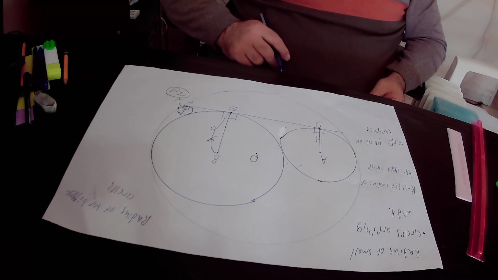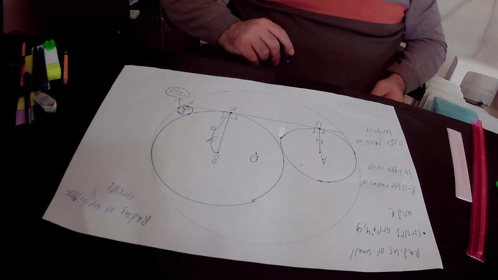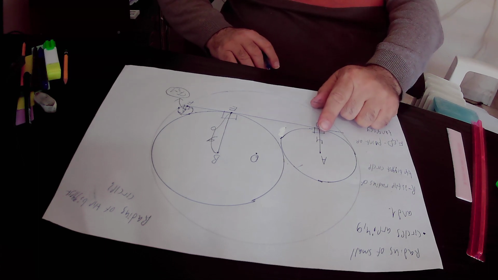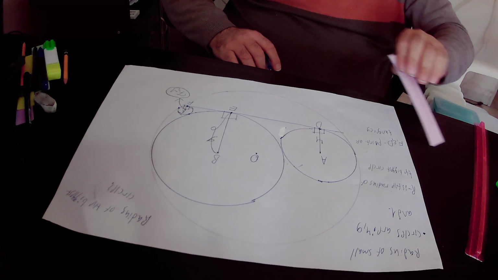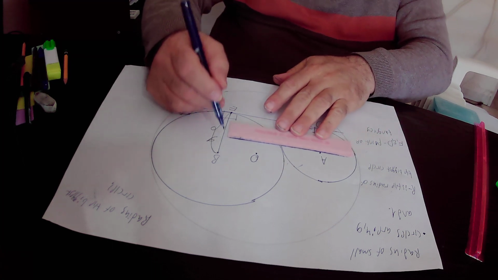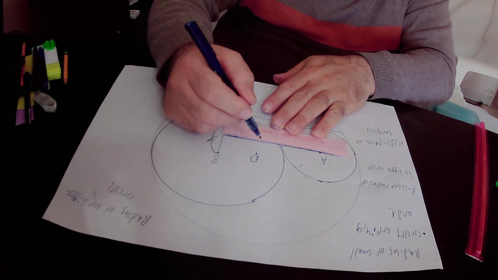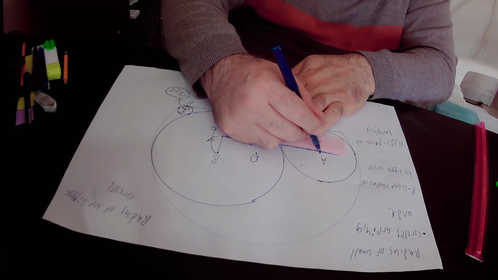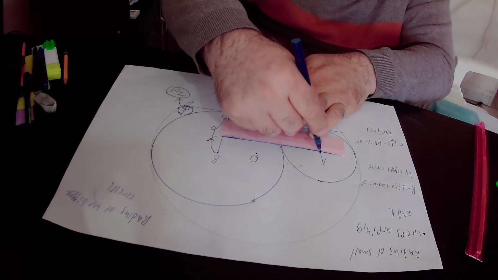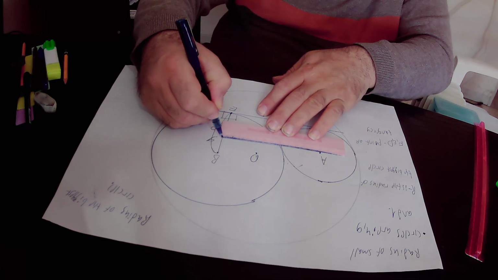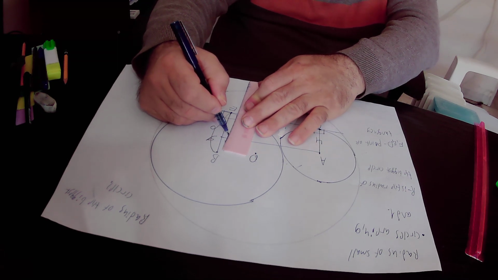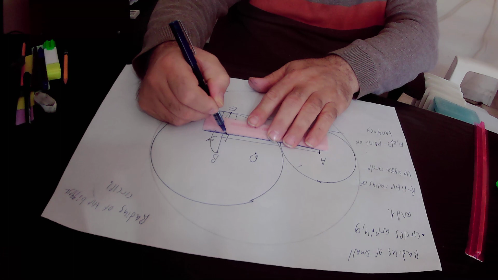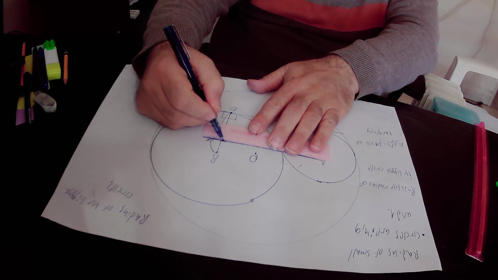In the next step, we will draw a perpendicular from point A to BE. So this angle will be equal to 90 degrees, and this angle will also be equal to 90 degrees.